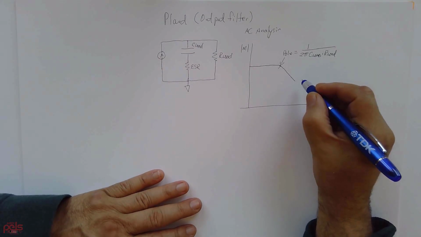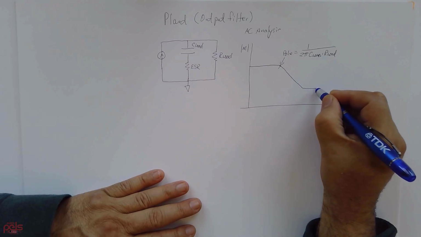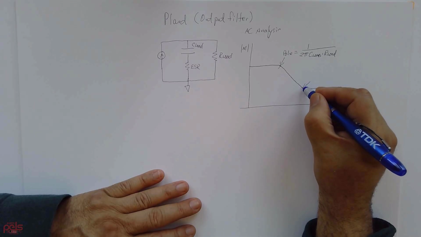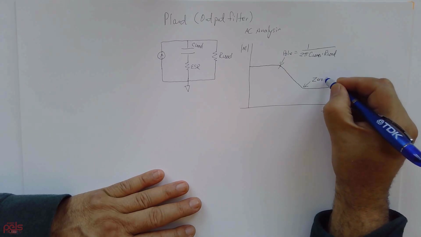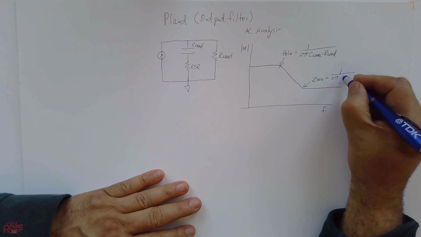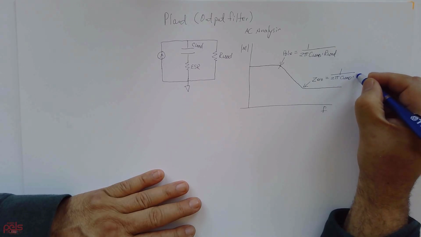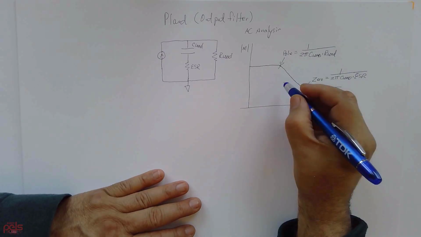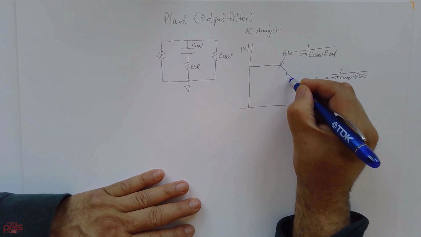And then as you increase in frequency, it starts going flat. So this is the second point of interest, and that would be your zero. That can be calculated by 2 pi C load and ESR. Now, here's an important thing to remember.